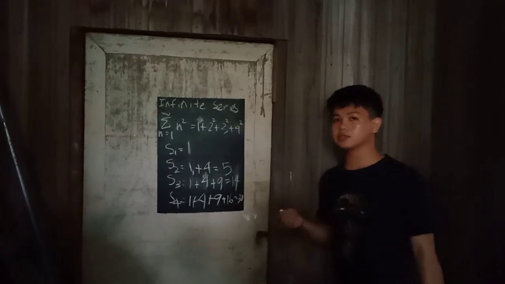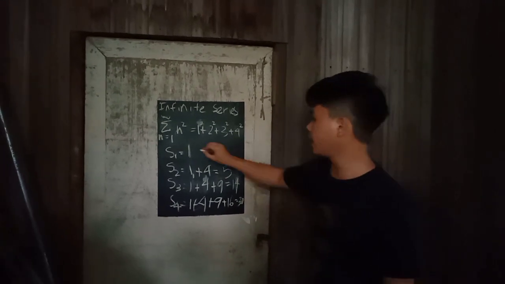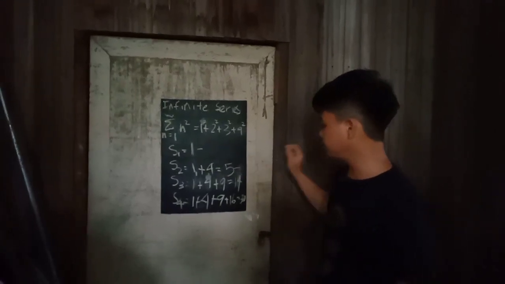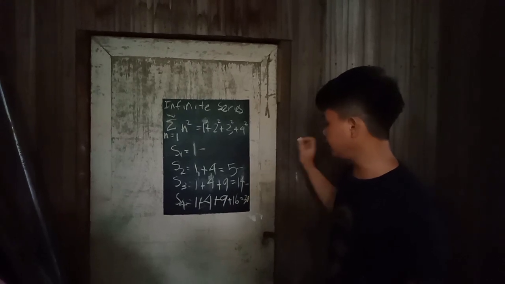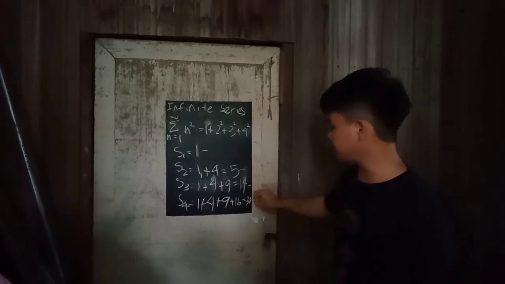To get the partial sums, we have 1, then 5, 14, and 30.